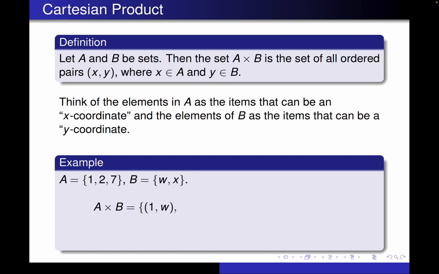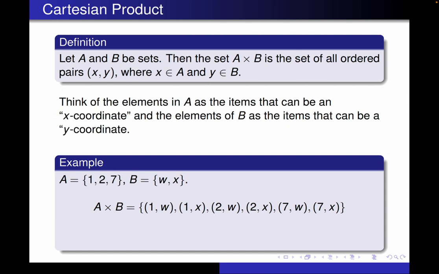Why not try 1, which is in A, as my x-coordinate, W, which is in B, as my y-coordinate. Then I'll keep the 1, but move over to X as my y-coordinate. Now I'll move to 2 as my x-coordinate, so I get 2W and 2X. And then I do the same thing with 7, 7W and 7X. Those are all the ways that you can choose an element of A to be the x-coordinate and an element of B to be the y-coordinate.